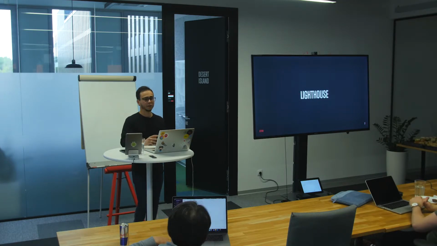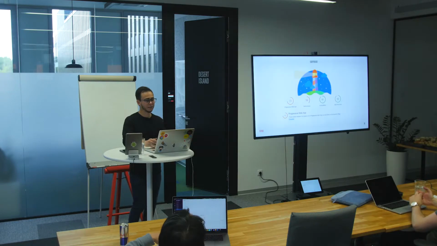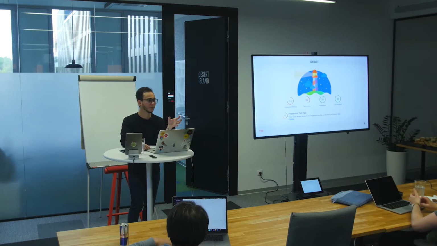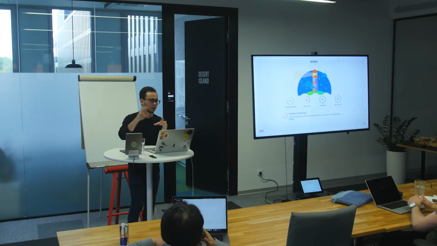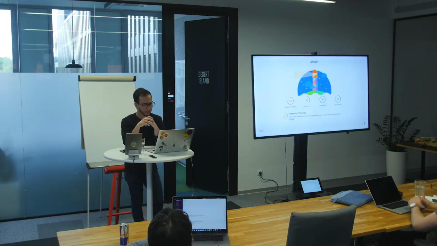So there is this tool, I don't know, have you ever heard about Lighthouse? Okay, cool, nice. Lighthouse is a tool created by the Chrome team. It's actually embedded in the Chrome developer tools. This is recent. I'm gonna show it in a demo by the end of the presentation.